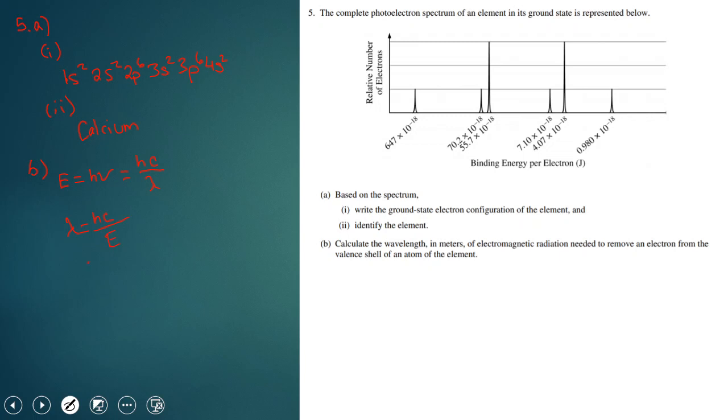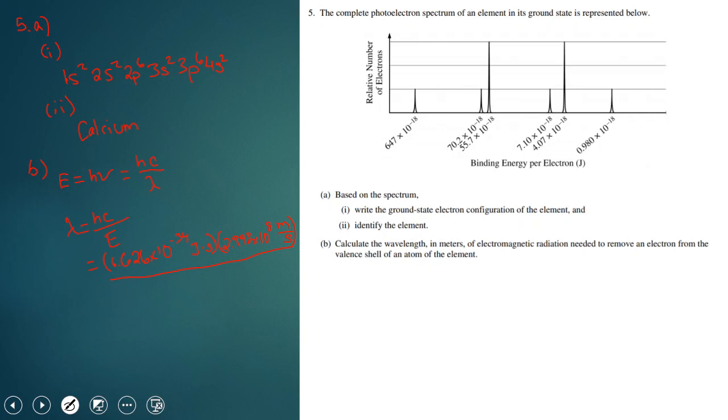Plugging our values in, we know that Planck's constant is 6.626 times 10 to the negative 34, measured in joule seconds, times the speed of light, 2.998 times 10 to the 8th, in meters per second. And then our valence energy is going to be this last peak, so the 6th peak.